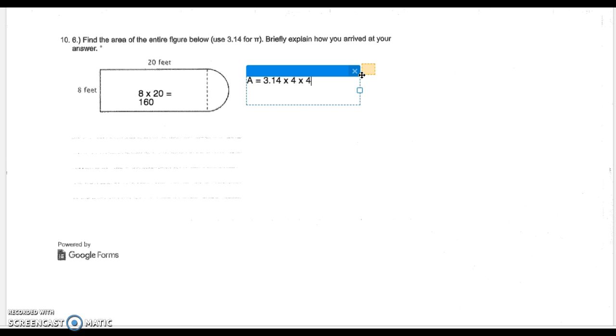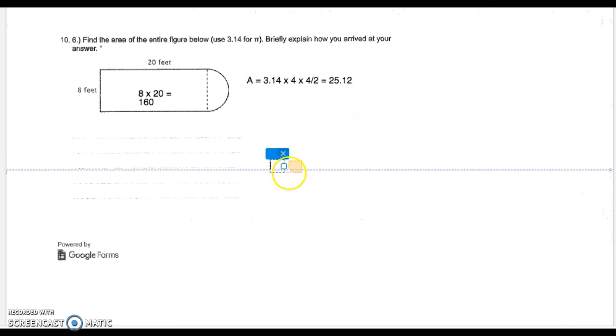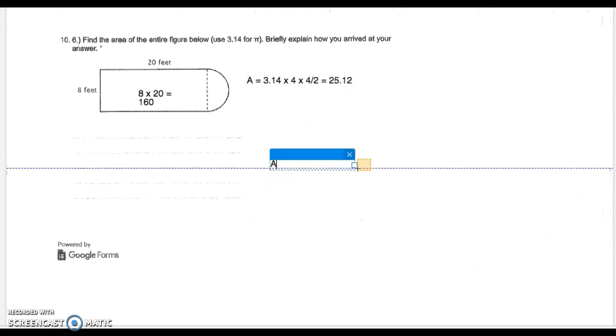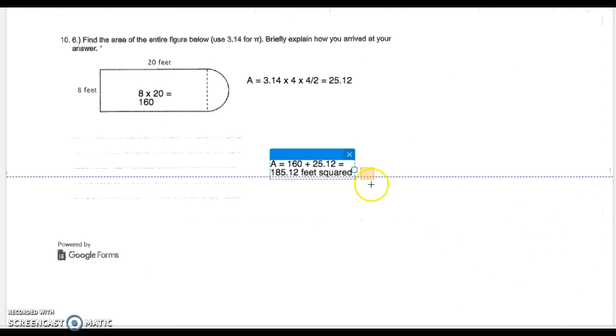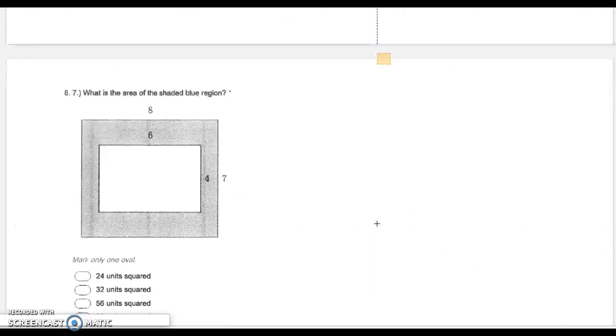So 4 squared is 4 times 4. And then divide it by 2. If I punch that into my calculator and divide it by 2, I get 25.12. Now to finish it, I've got to add 160 plus 25.12, and that will equal 185.12 feet squared. So there is your answer to that one.